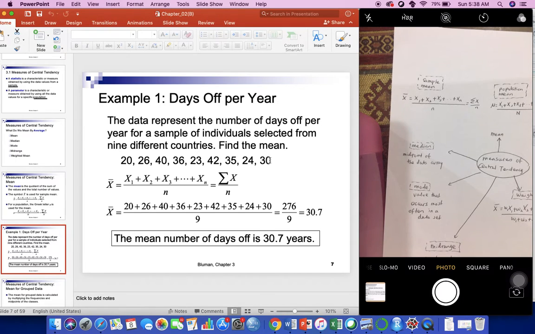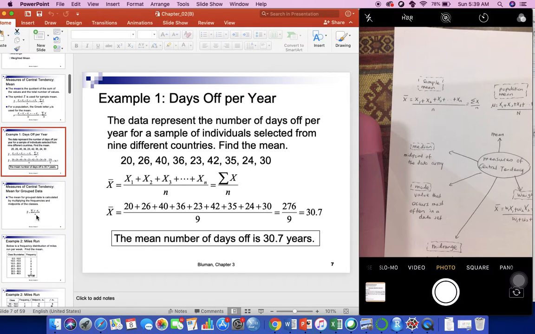The first thing is you need to take all these numbers, add all these numbers like this over 9. How do you get the number 9 here? 1, 2, 3, 4, 5, 6, 7, 8, 9. We have 9 different countries. When you add all these numbers, you will get 276 over 9. So the mean is 30.7. So the mean number of days off is 30.7 days.